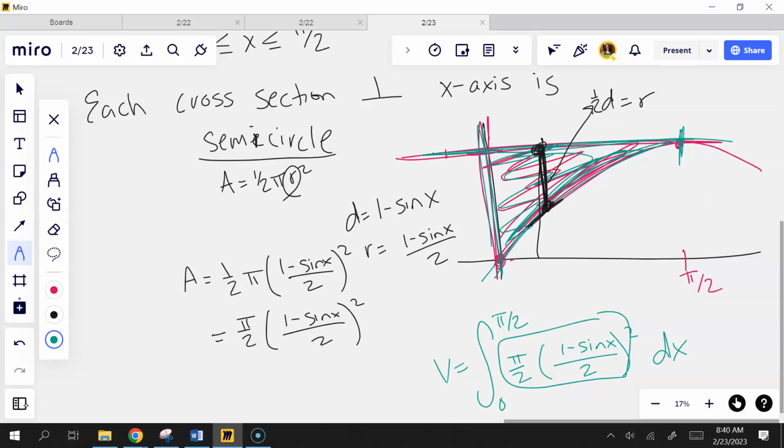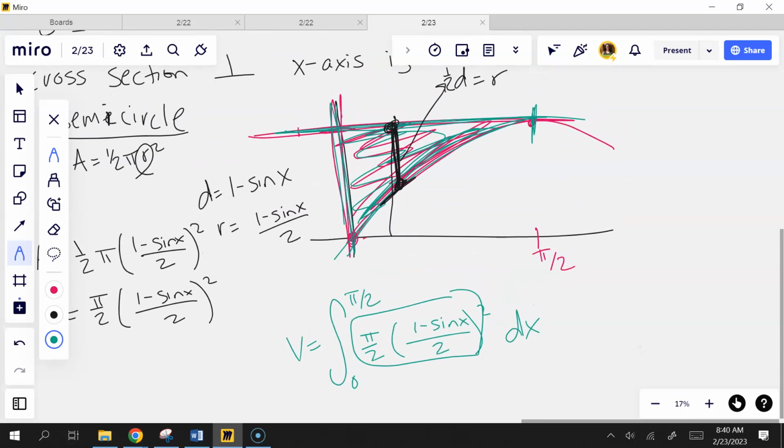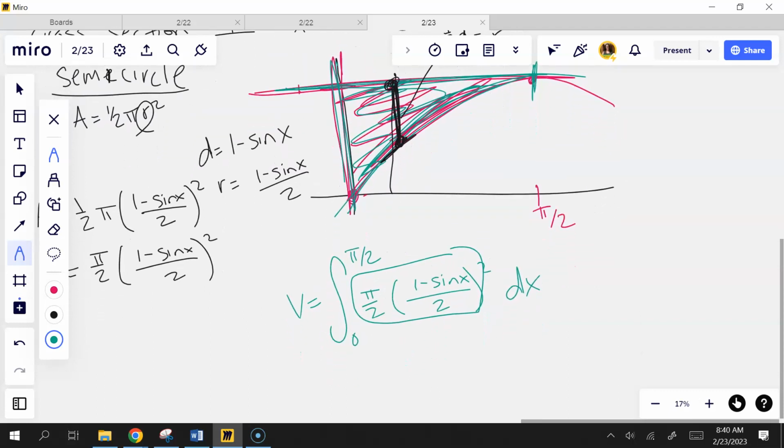I got 0.2313. Is that what y'all got? No? What'd you get? Oh, let me make sure this is in radians. Are y'all in radians or degrees? In radians. And what did y'all get? Everybody got something different?